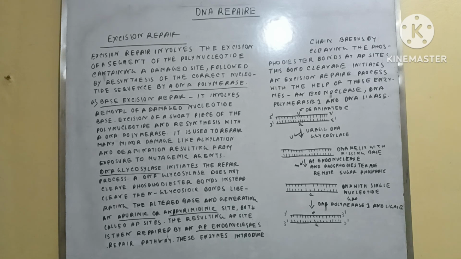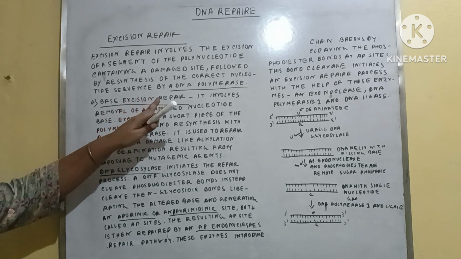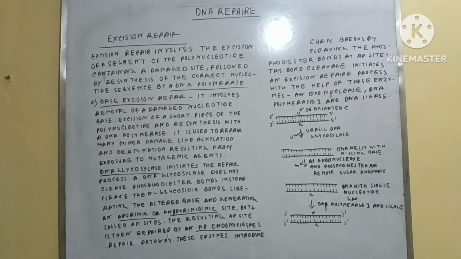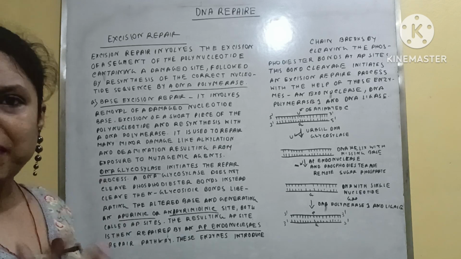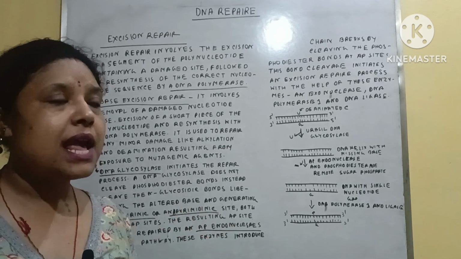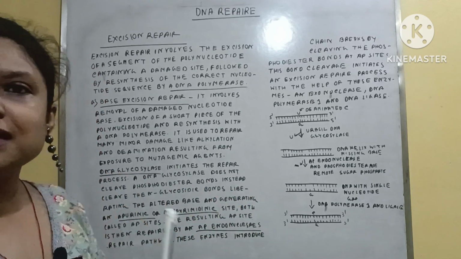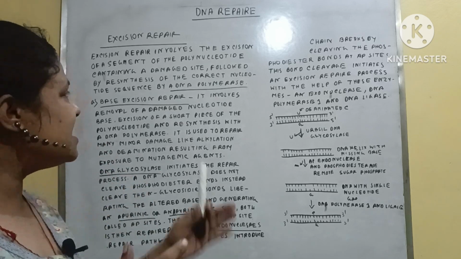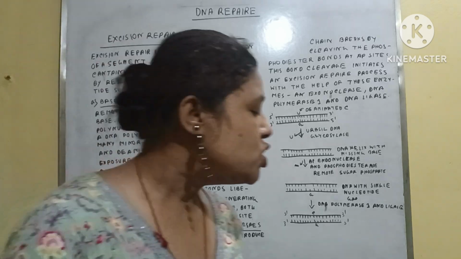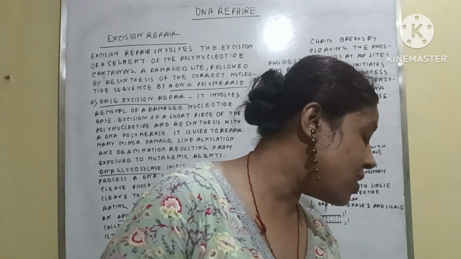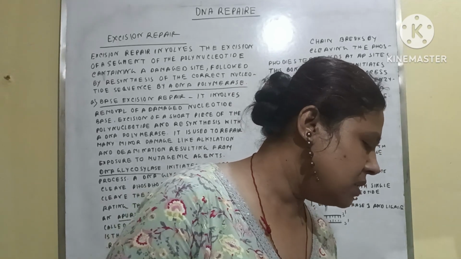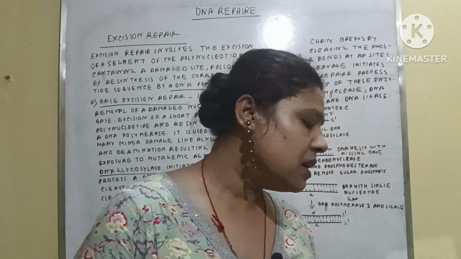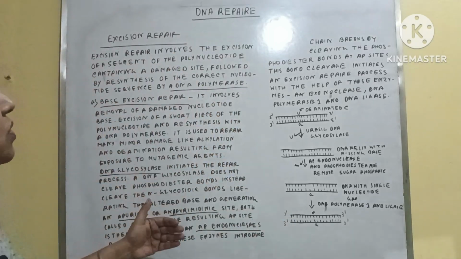So this is the process of base excision repair: the damaged base is replaced and the chain is resynthesized with the correct base. The next type is nucleotide excision repair.